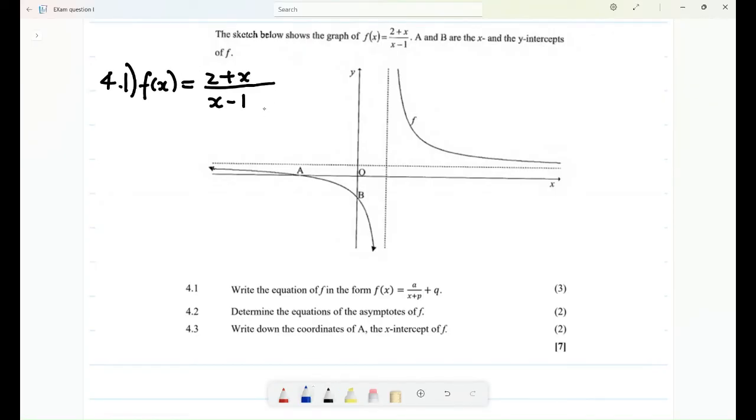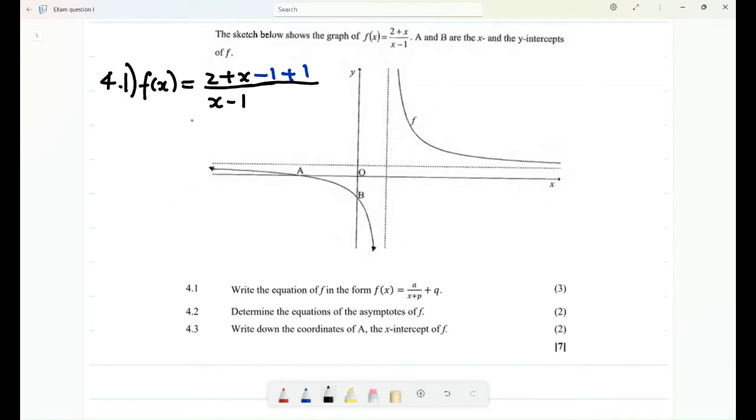Then I said, you minus 1, you add 1. It depends on the value at the bottom. If your bottom was x minus 3, you would minus 3, add 3. If your bottom part was x plus 4, you would add 4 and minus 4. This is the analogy that I'm trying to explain here.